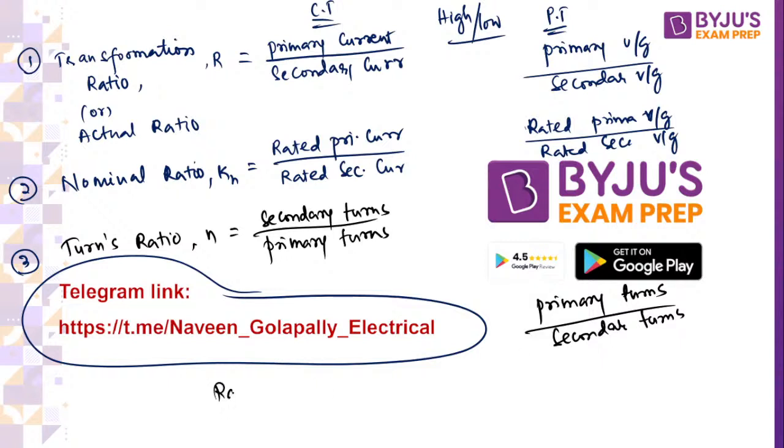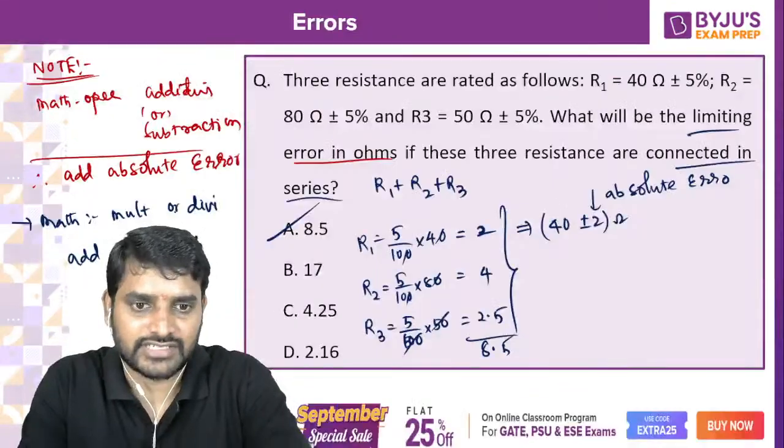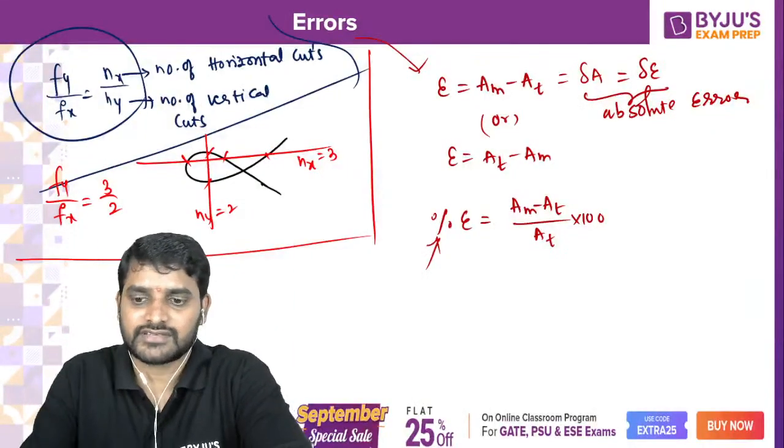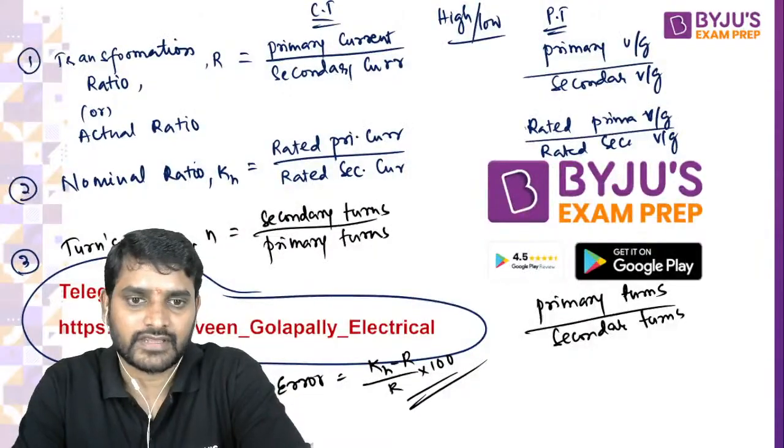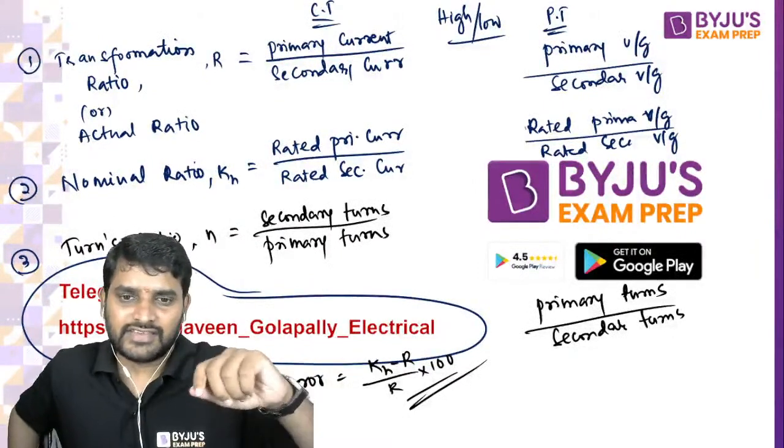Now there is a ratio error at last. We take this as ratio error: Kn minus R divided by R into 100. For R, there is a formula, but it's a very lengthy thing. R, you will get in terms of sine delta, cos delta, I mu ratio. If I am able to recall this one, I'll try to do this, but there is no space directly. I think if you remember, I'll give a hint.